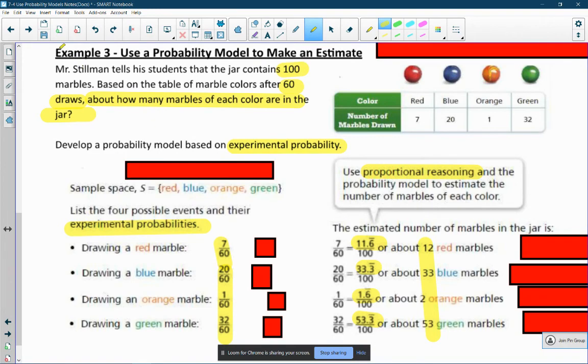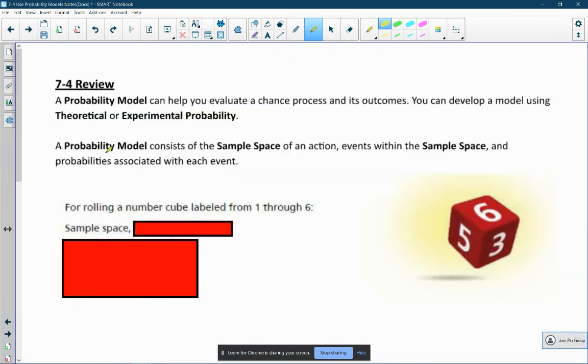So our takeaway is probability models, right? A probability model can help you evaluate a chance process and its outcomes. It just kind of lists it all out for us. And we can make a probability model doing theoretical, what should happen, or experimental probability, what did happen.